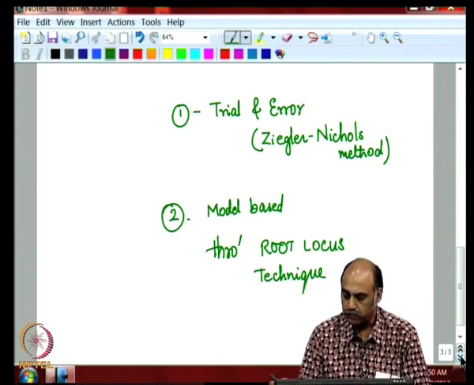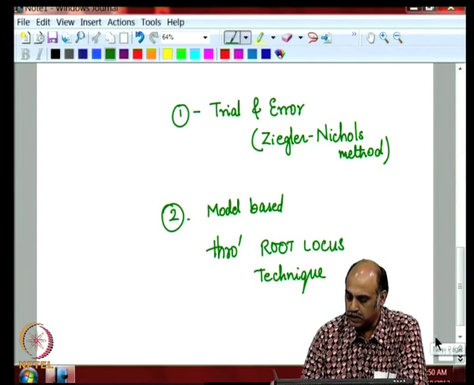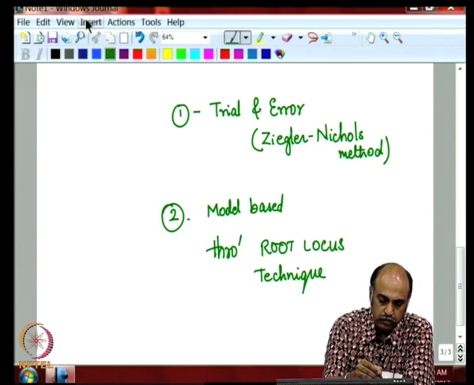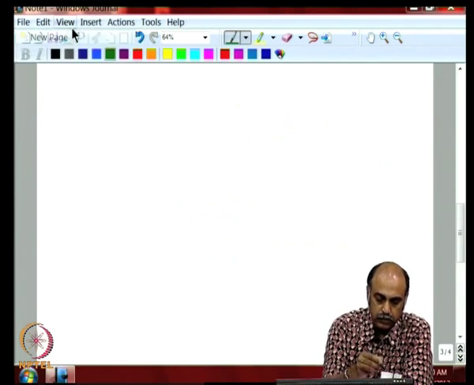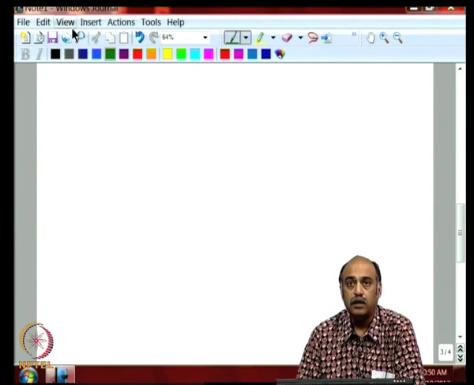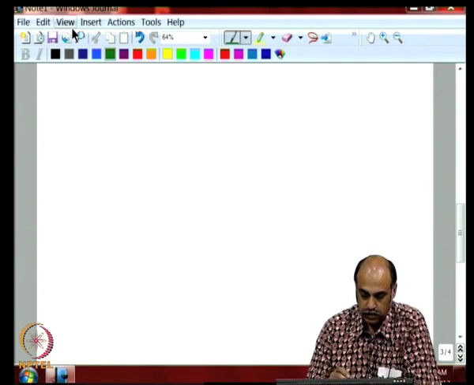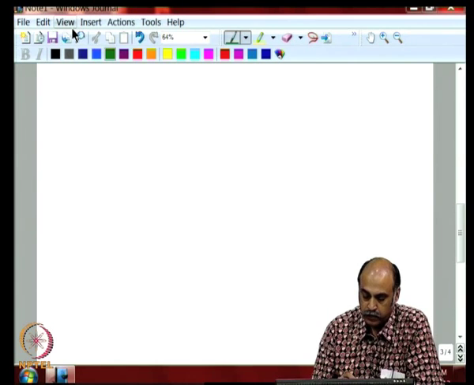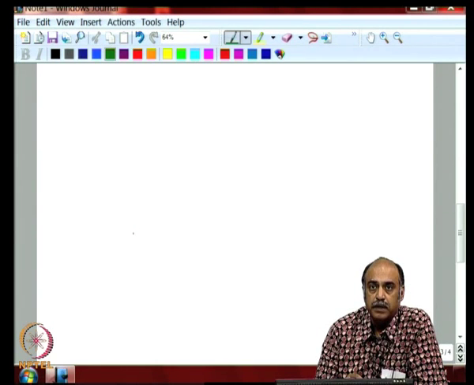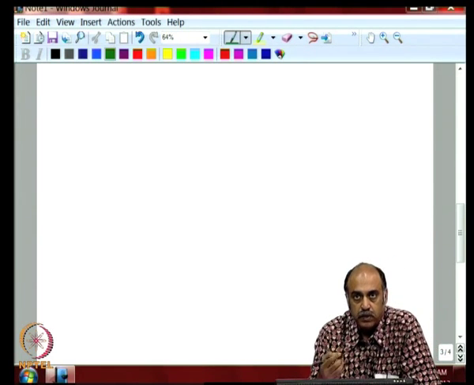Now, let us go forward and see some of the problems that we would get during implementation. Let us take the example of an isolated converter. Isolated converters are the forward converter, the half bridge, push pull and the flyback converter.